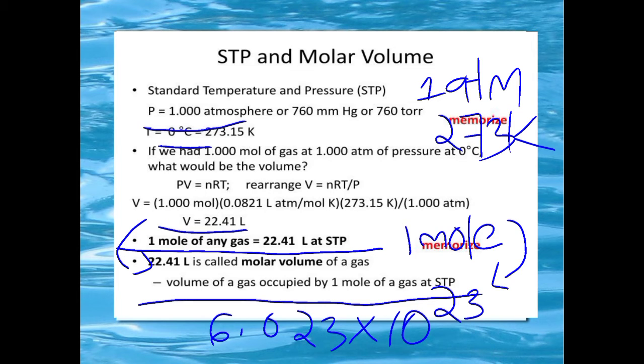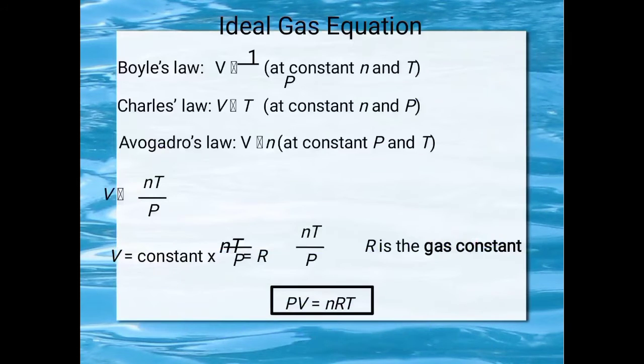So 22.4 liter volume contains 6.023 into 10 raised to 23 atoms of a gas. So this number is known as Avogadro number. In your previous classes you have studied this, so you have to keep this in mind.